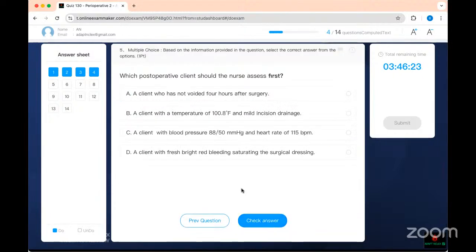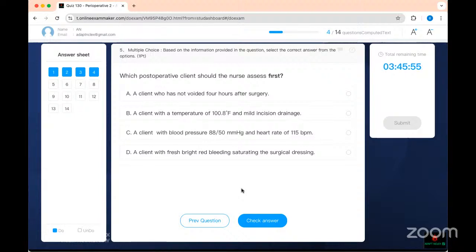Which post-operative client should the nurse assess first? The same thing. I change it a little bit. A client who has not voided 4 hours after surgery. So no urine output 4 hours after surgery. Think about it. You got to be sharp. Client with the temperature 101.8 and mild incision drainage. Think about it. Client with the blood pressure of 88 over 50 and a heart rate of 115.